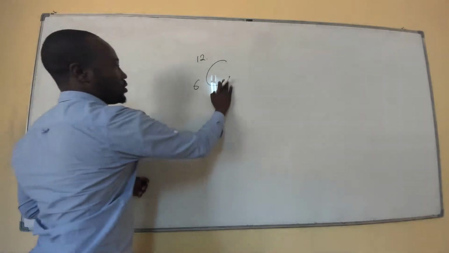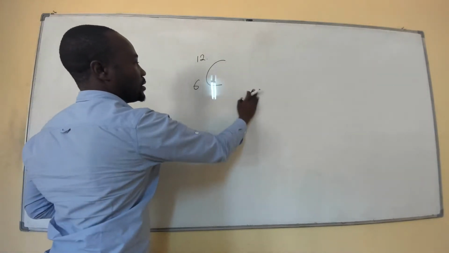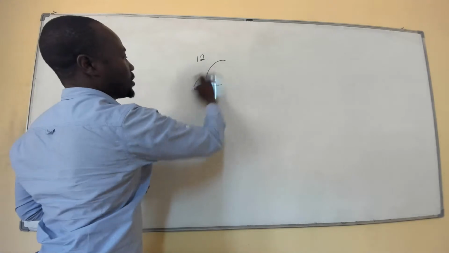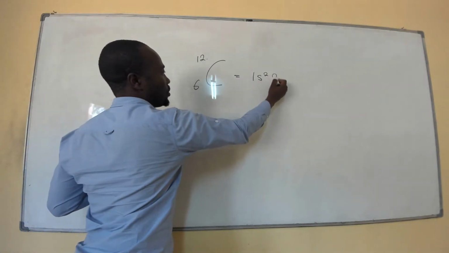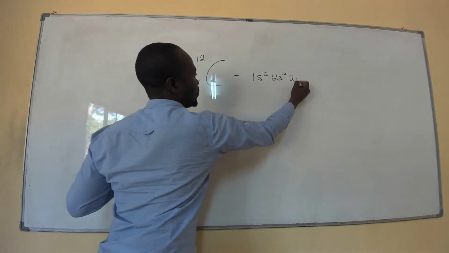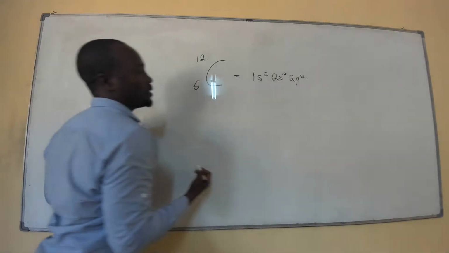If you are to draw the electronic configuration for carbon, you will discover that you have 1s2, 2s2, and 2p2.